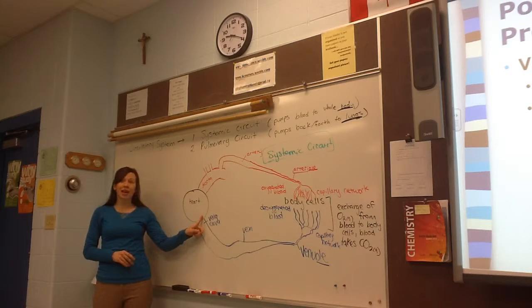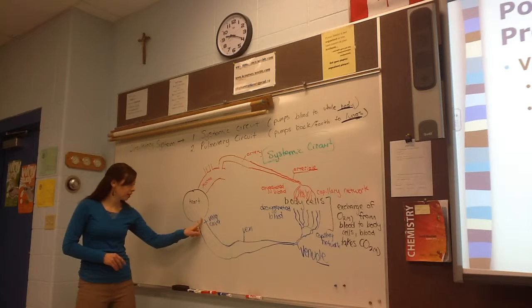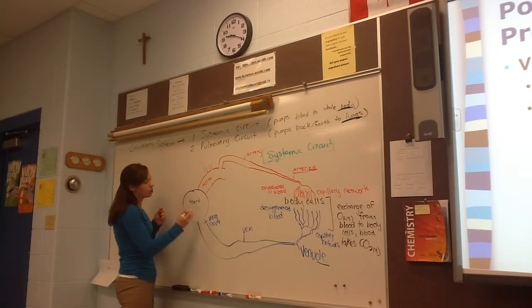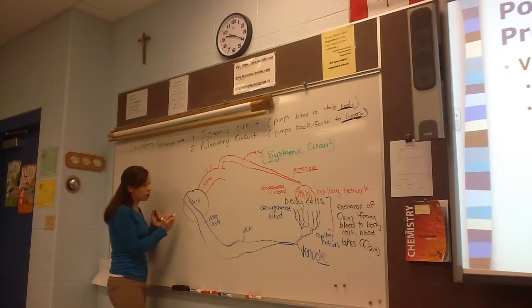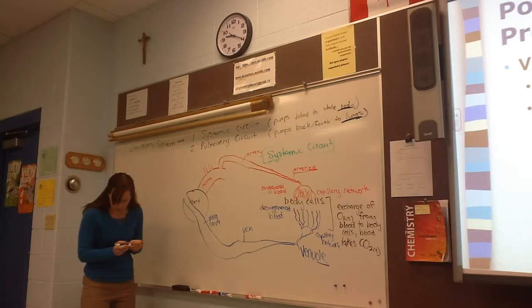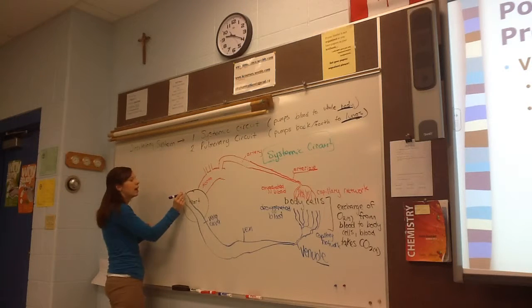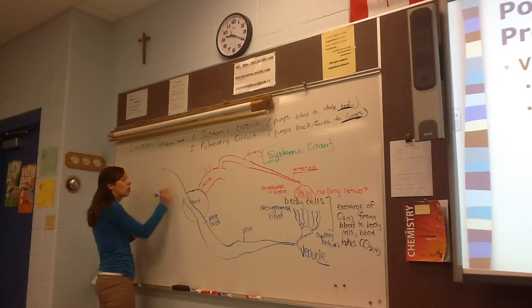So where does our blood get oxygen? From the lungs. And again, simplification, this goes through the heart, and now we're going to go away from the heart again.